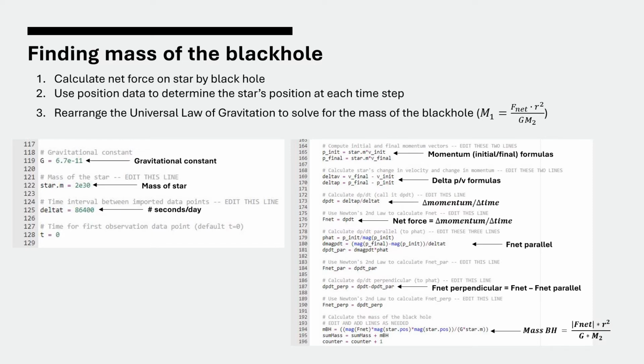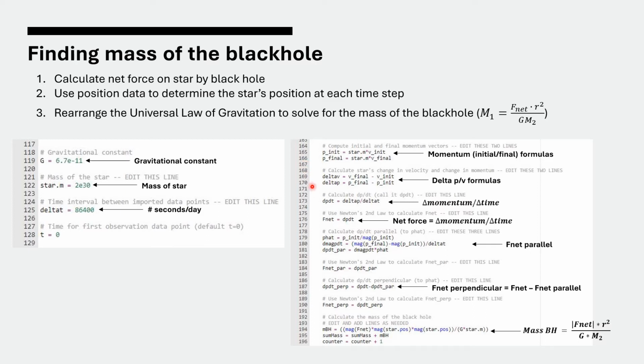Essentially here we have all our formulas. This is the gravitational constant, 6.7 times e to the negative 11th. Then we have the mass of the star, which is 2e to the 30th, and 86,400 seconds in 1 day, so the delta t is just equal to 1 day. Then we have our momentum formula, so p initial equals the mass of the star times velocity, and the same for p final.